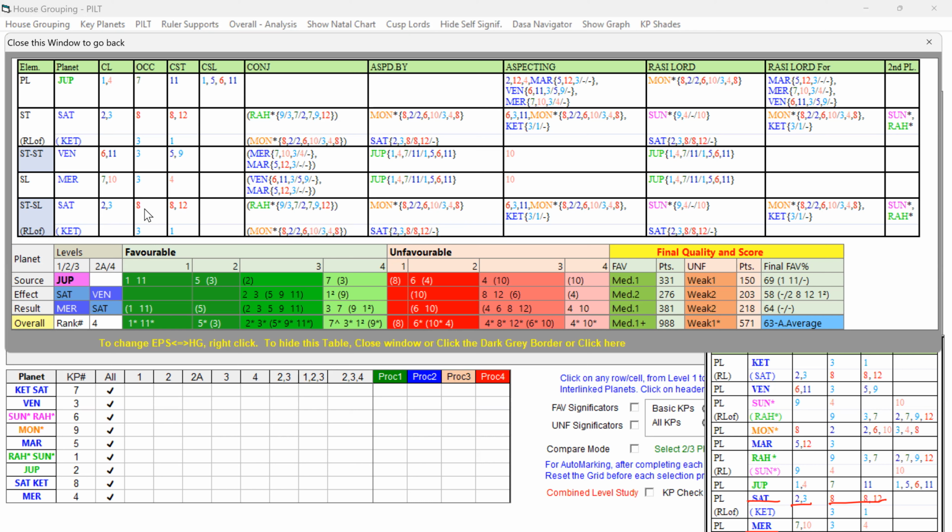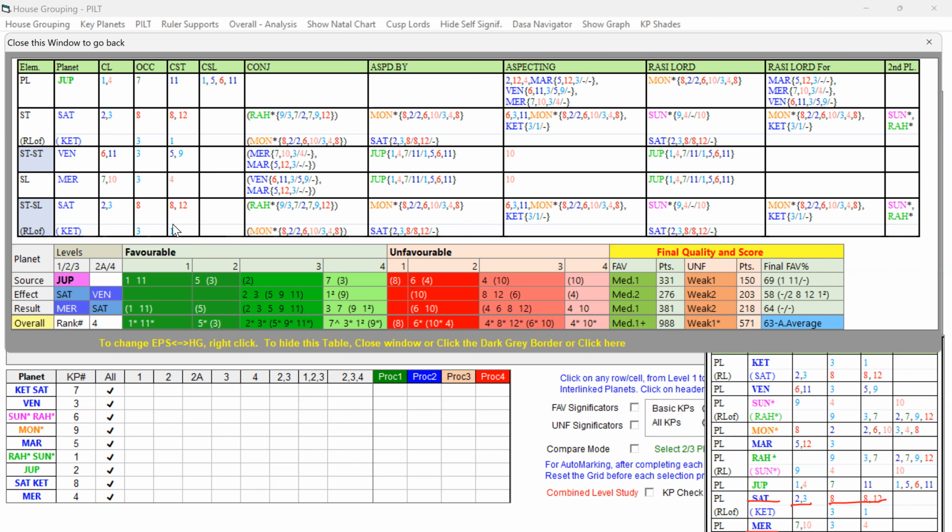It is getting the support of 8, 8 and 12 on the unfavorable side. More importantly, the 7th lord planet is in the star of Saturn, which is 2 and 3, also 8, 8 and 12. So 7th house matters are going to experience 2 and 3, and also 8, 8 and 12. 7th house matters are going to face obstacles.